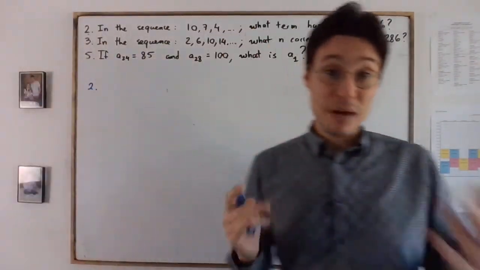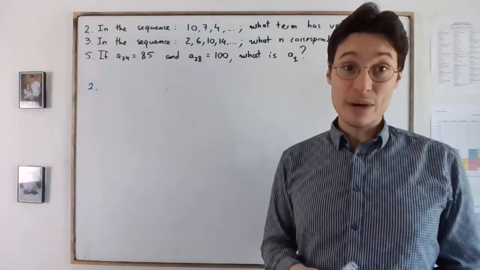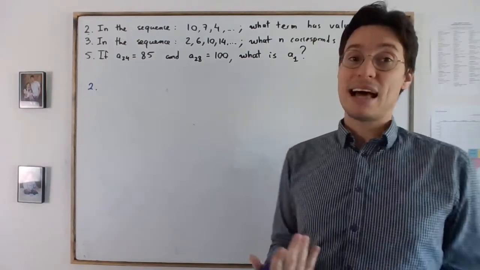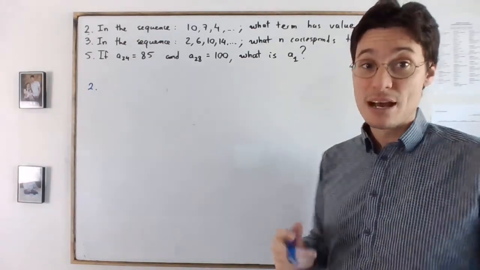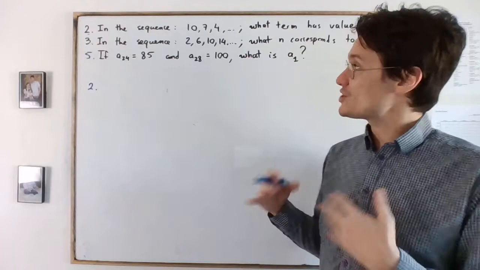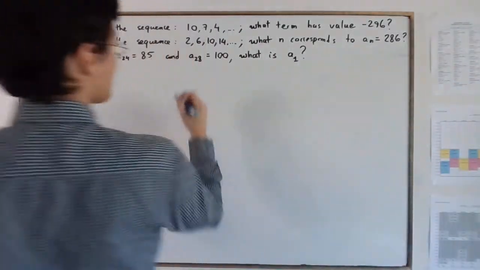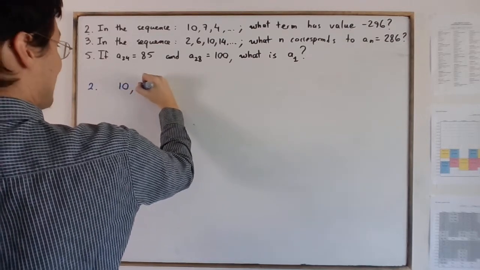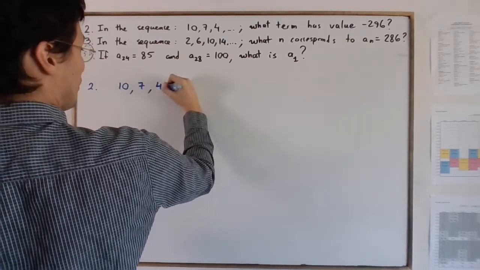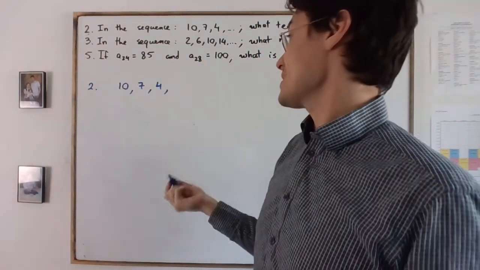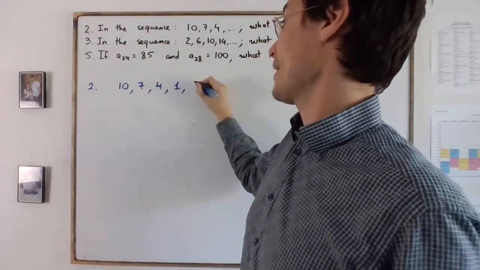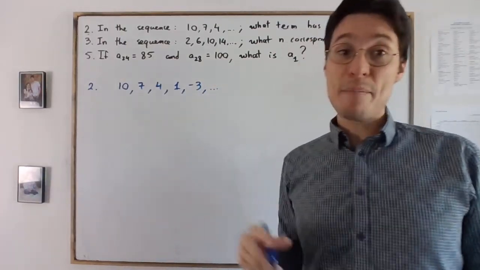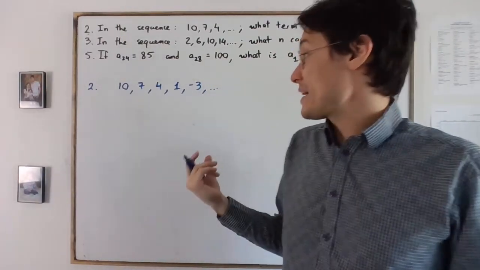So the idea behind, these are all arithmetic sequences, by the way. So you could probably review what you have seen in class concerning arithmetic sequences. But still, I will give you the general idea of it. Okay, so here we have 10, 7, then 4, and then you can probably guess a couple of terms, like 1, then -3, and this is because each of them makes a bounce of -3, right?